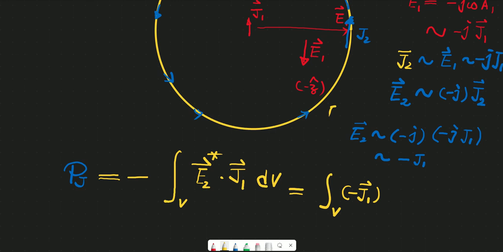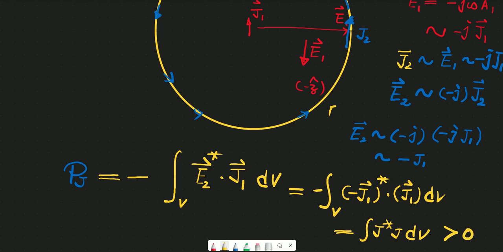Here has a minus. So now PG is also larger than 0.